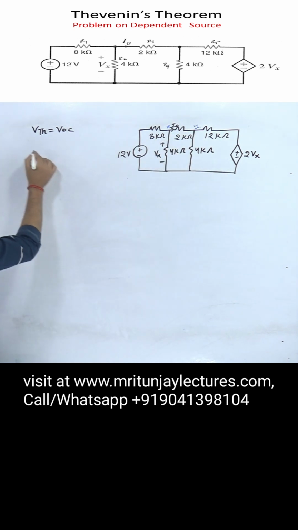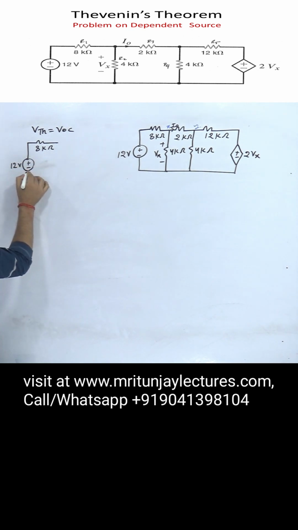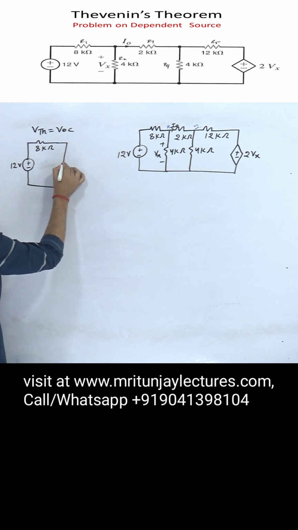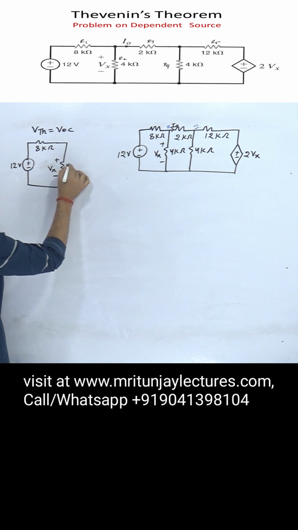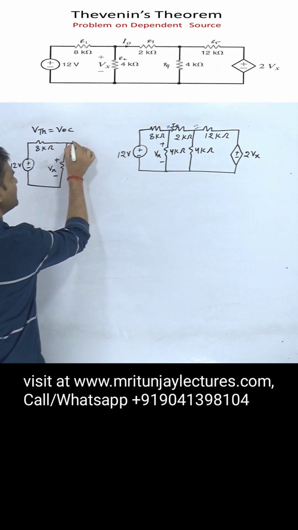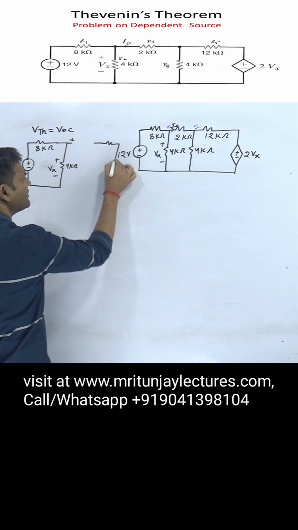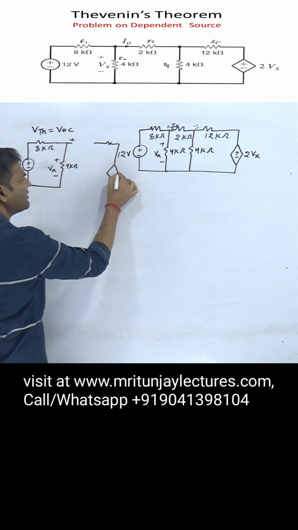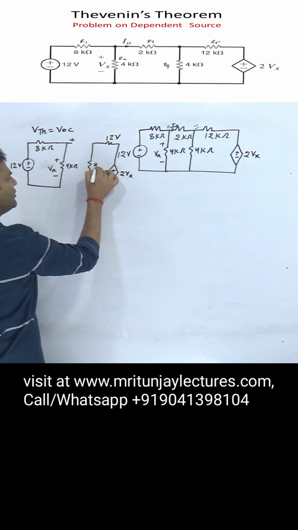So first of all, make the circuit: 8 kilo ohm here, a 12 volt source, Vx here across the 4 kilo ohm, and the terminals are open circuit, plus here, minus here, then a dependent source 2 Vx, 12 volt, and here 4 kilo ohm.